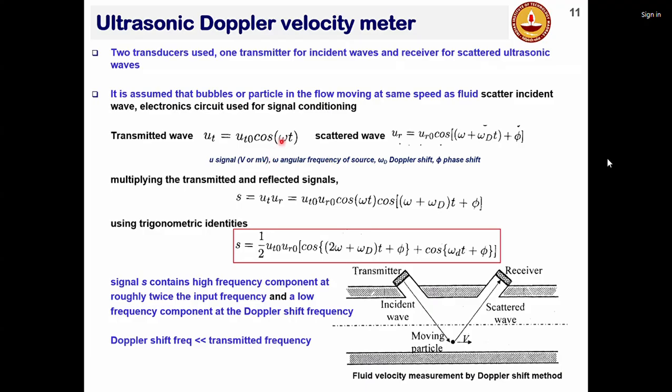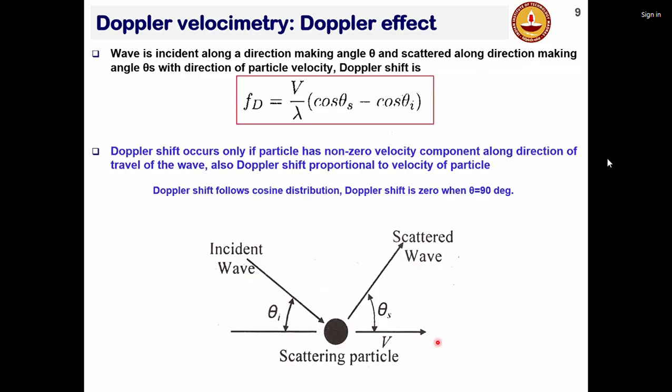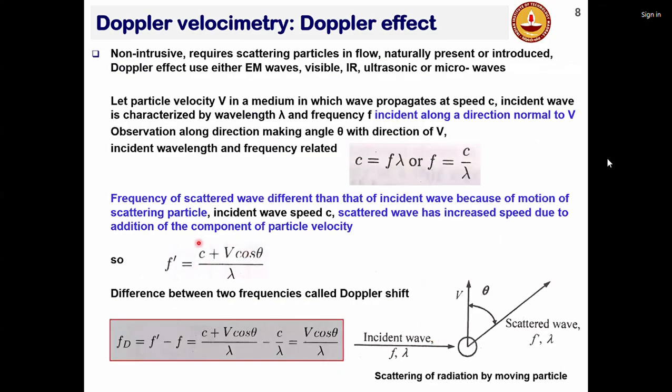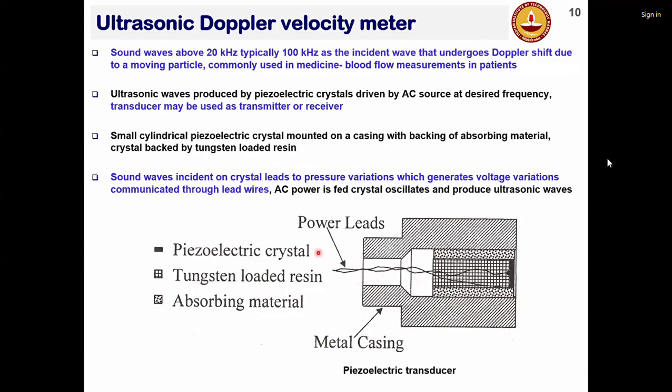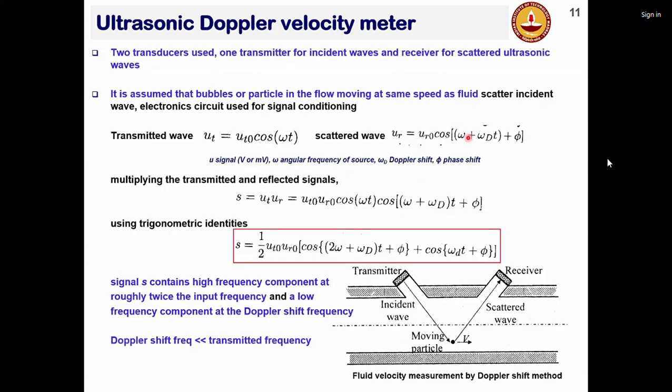Omega is the frequency of the signal, t is time, and this is the amplitude of the signal. So this is the transmitted wave. The scattered wave, as we said, would have a different frequency, right? So let that frequency be not omega, but omega plus omega d, into t.